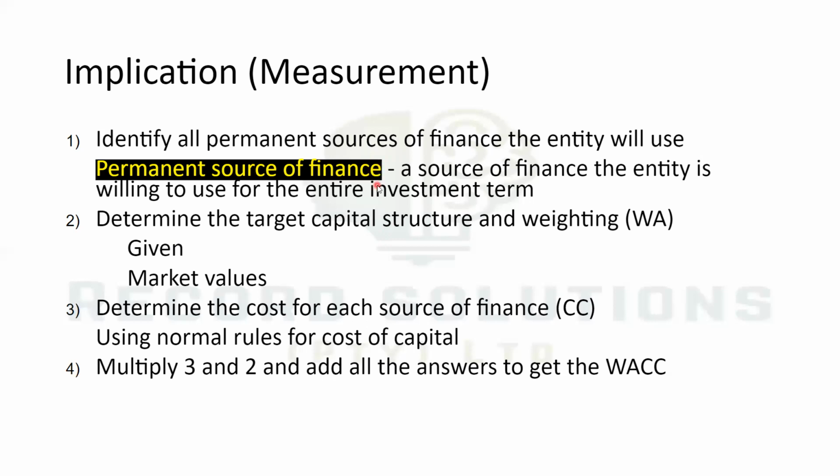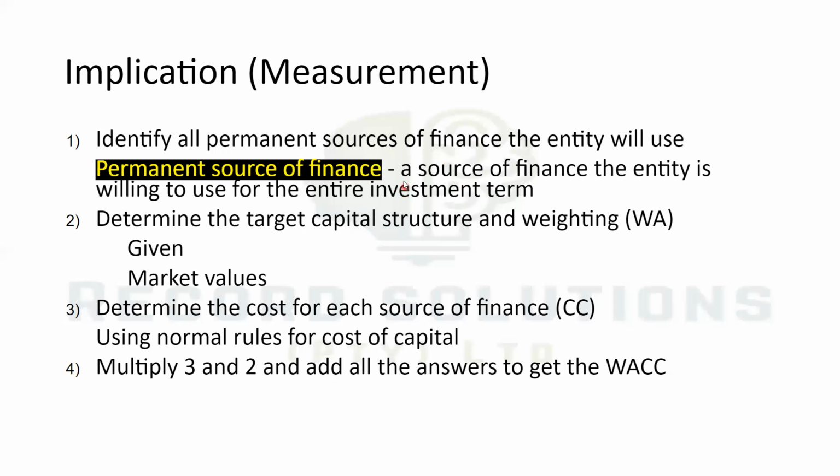Now, if they don't tell you that they are rolling over that debt, meaning they are continuing with that debt, and they tell you maybe it ends in 2 years or 2.5 years, maybe 1 year, do you see that is not permanent because it won't go for the entire term of the investment? So that source of finance, even if it is long term, will not be permanent.